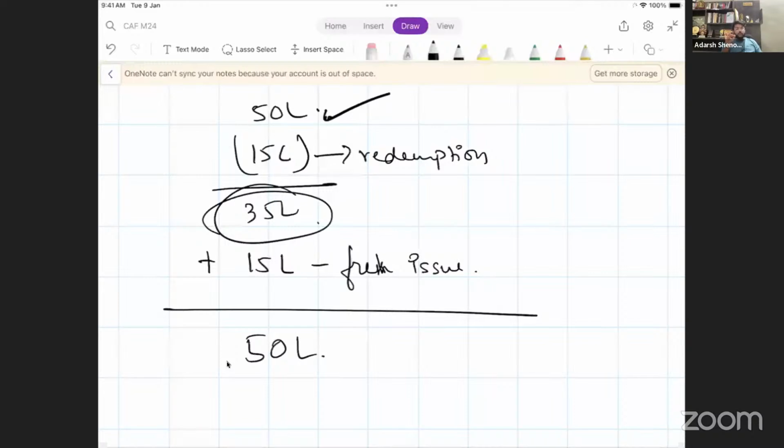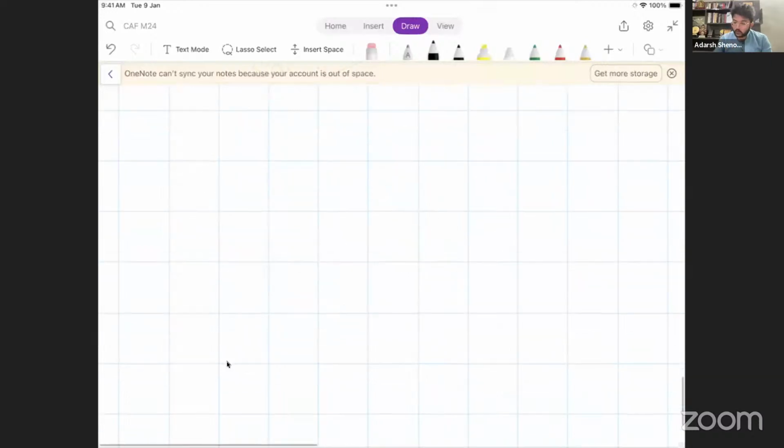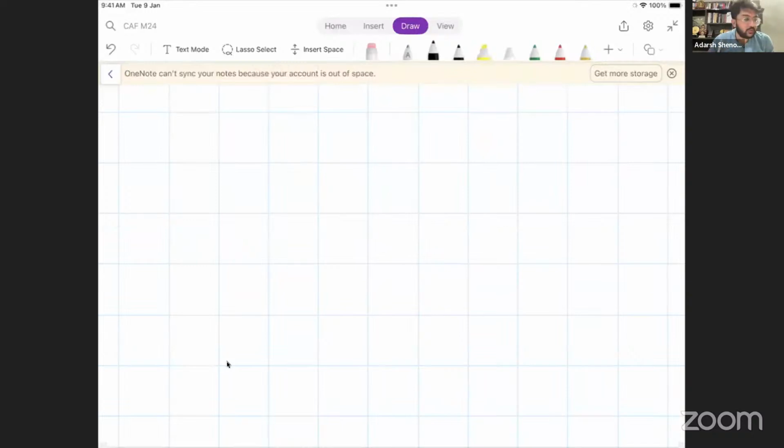The second option: I don't want to do fresh issue, sir. Do you have any other second option? Yes, we have one more option. The other option is you can use the free reserves and you can create CRR. Do you remember what is CRR?